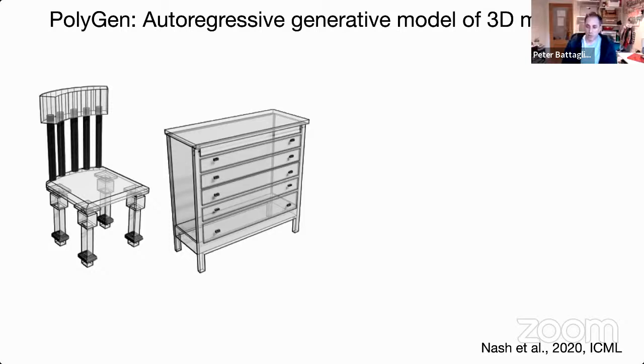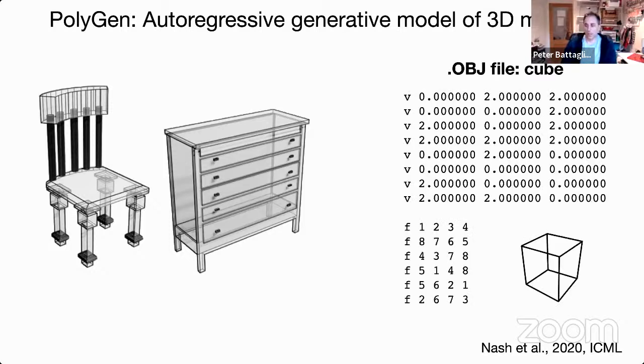The way those 3D meshes are represented in the computer is an OBJ file, which is a very common 3D object file format. And it's very simple. This is the OBJ file for that cube on the bottom right. Basically, every OBJ file has at least two parts. The first part of the file is labeled with these V's for vertex. That's where all the corners are.